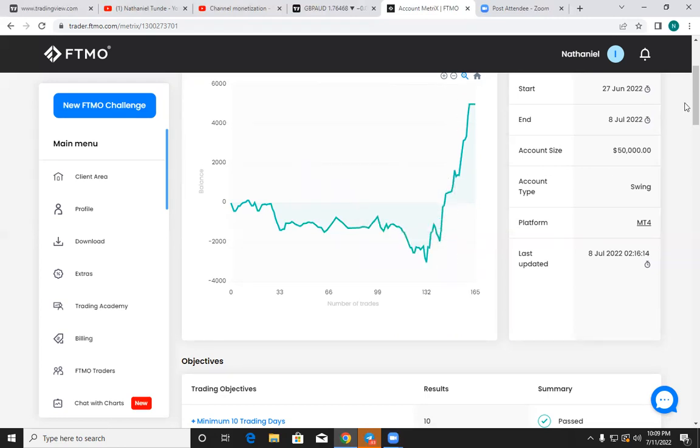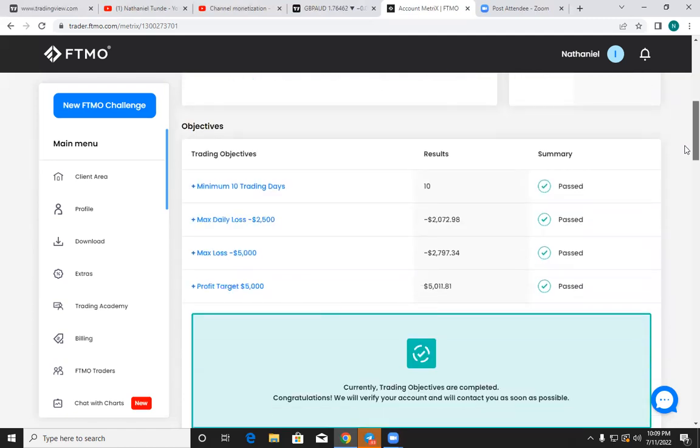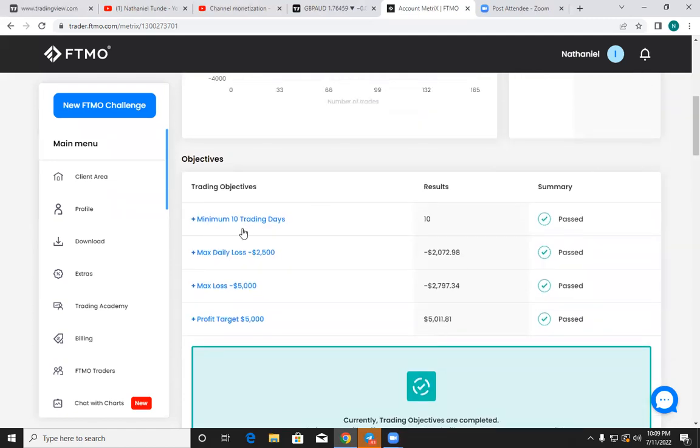Do you understand? So you can see that in a minimum of 10 trading days, in fact, it was done in 8 days. I was just playing in the remaining 2 days just to fulfill the minimum requirement of 10 days. You see, pass. Maximum daily loss supposed to be 2005.